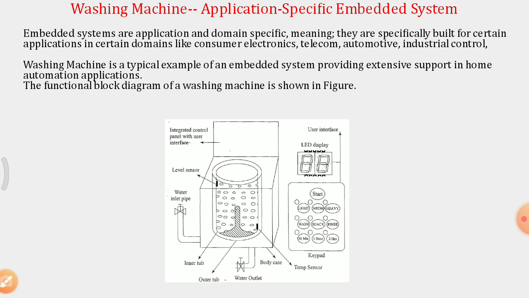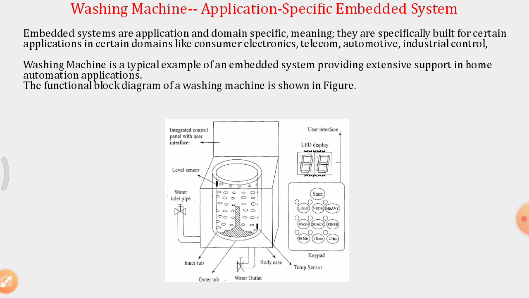In the figure we can see the block diagram of a washing machine, which contains parts like an inner tub, an outer tub, a level sensor, a water inlet pipe, a water outlet pipe, and an integrated control panel for the user interface.